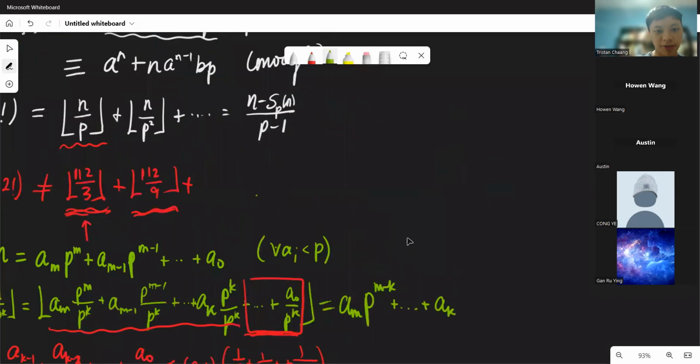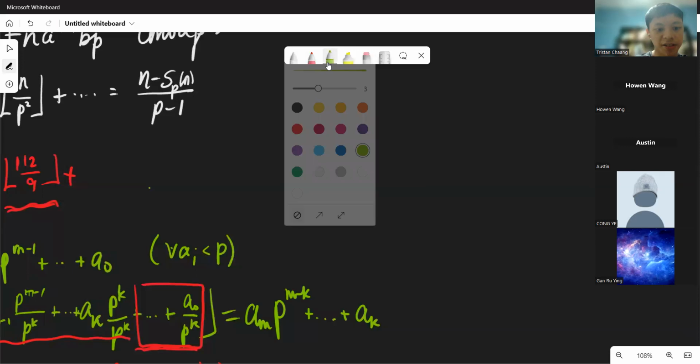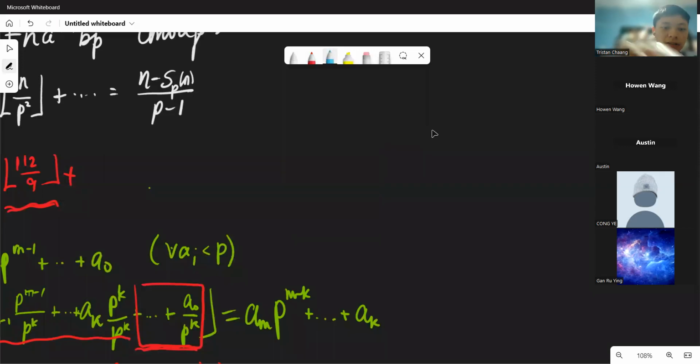So let's see where we can write this. Let's just change to a different color. So the sum over k greater than or equal to 1 of the floor of n over p^k.